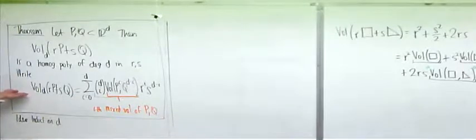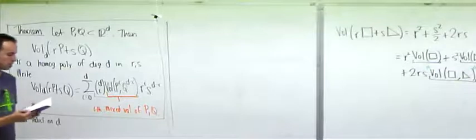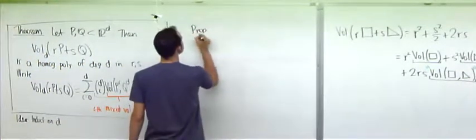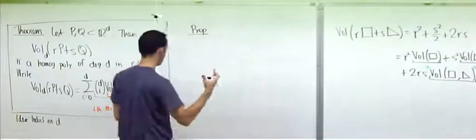And for that to work, what I need to know is how to go, because it's an expression about d-dimensional volumes, right? And so what I need is some kind of tool that allows me to go from d-1 dimensional volumes to d-dimensional volumes. That's what I'm going to need to make an induction like that work. Okay? And so that's the next proposition. To go from d-1 to d-dimensional volumes.